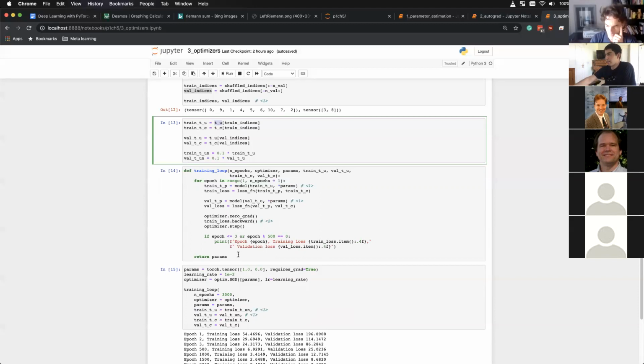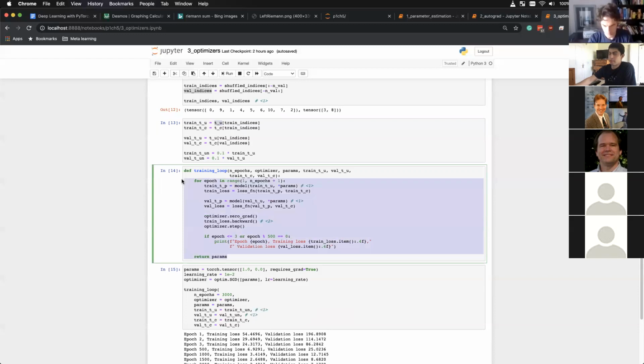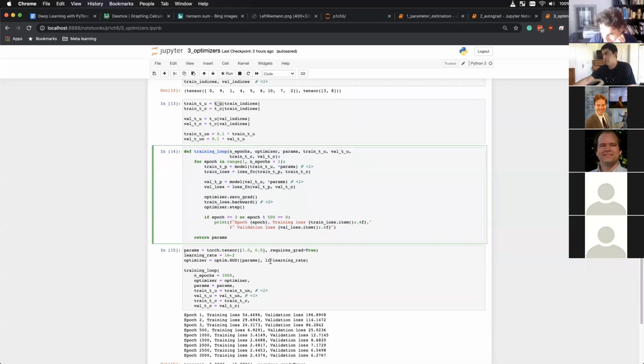Then it replaces all of this code, and it can also do nice logging and various different metrics. Most people will probably write this loop once and then always use it, or they'll borrow someone else's. So I wouldn't worry a whole ton about this. I basically just copy and pasted the same old one that I've had for every project and made slight tweaks if I ever have to.